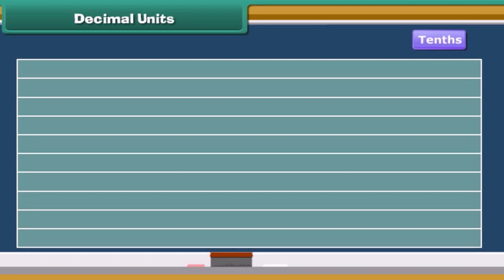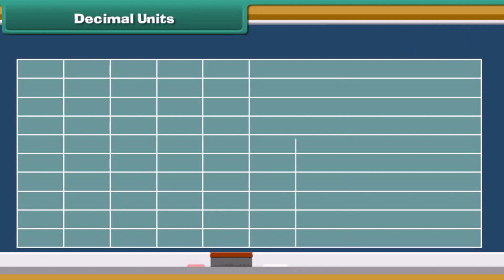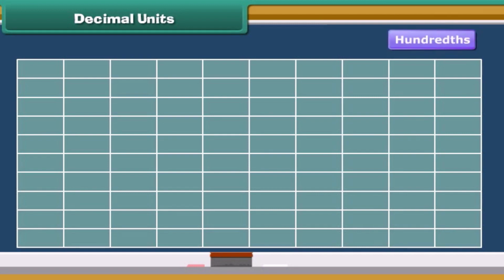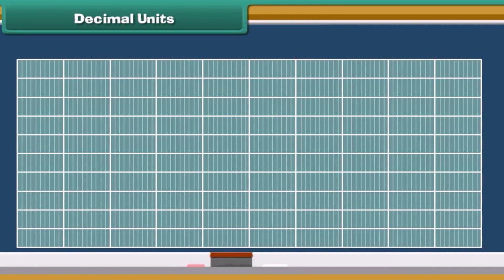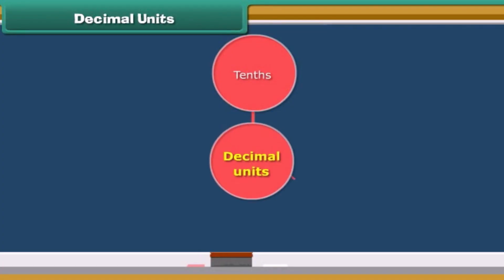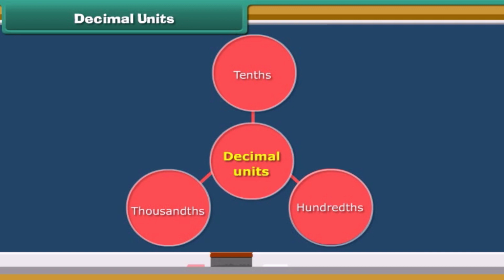Now, if we divide those rectangles into 10 smaller rectangles, then we have 10 times 10 or 100 parts of 1, that is hundredths. Dividing those rectangles into 10 smaller rectangles, we have 10 times hundredths or thousandths parts of 1, that is thousandths. So, the fractions tenths, hundredths, thousandths are called decimal units.